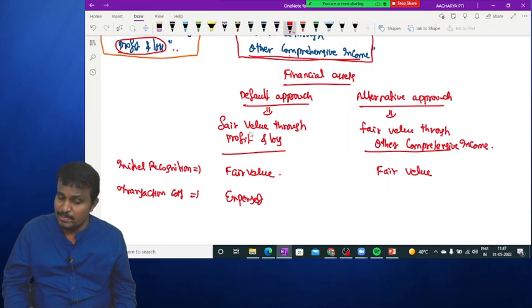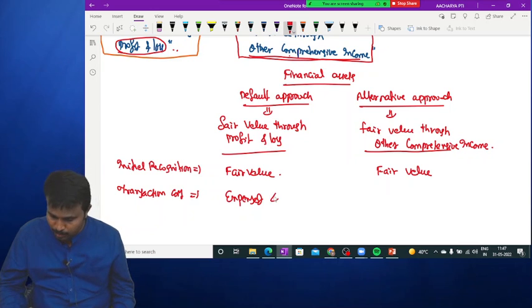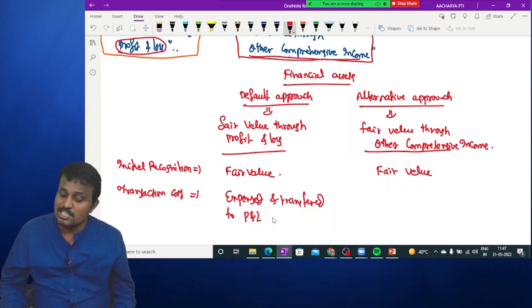It is always expensed in case of the default approach and transferred to profit and loss.